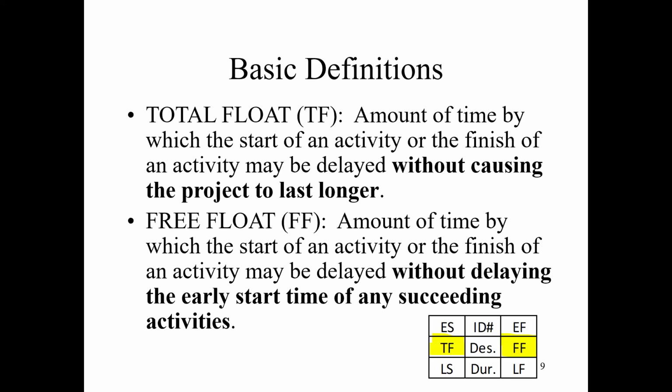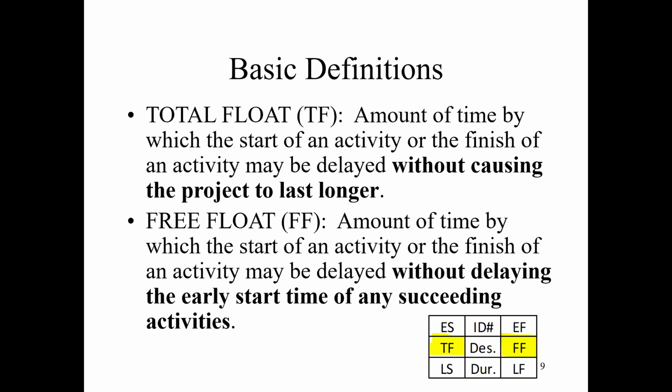So the difference between the two is that total float does not make your project last longer, and free float does not impact your next activity's early start time. So free float is stricter than total float, right? So the free float of an activity, FF, is always less than or equal to its total float.